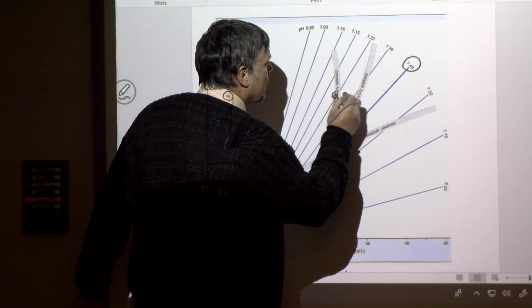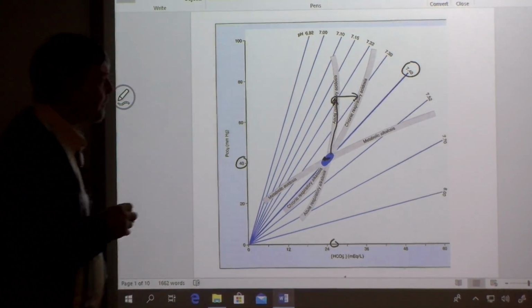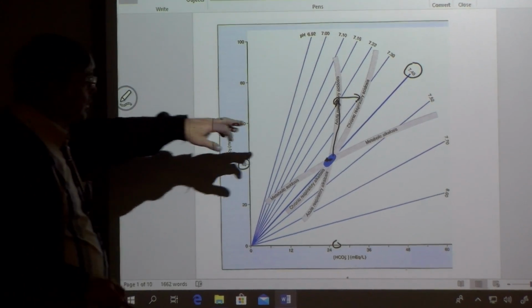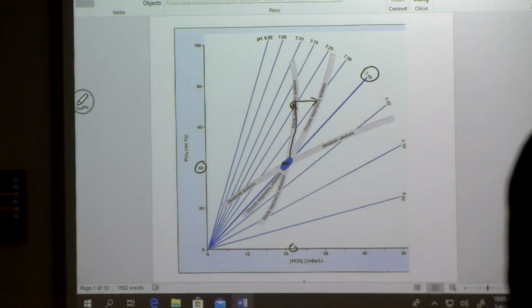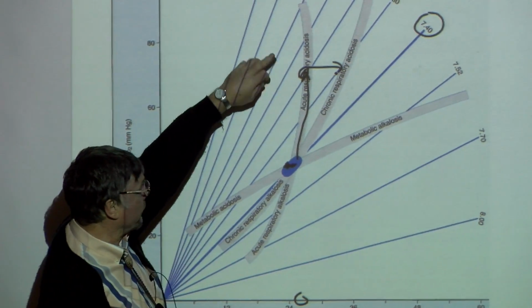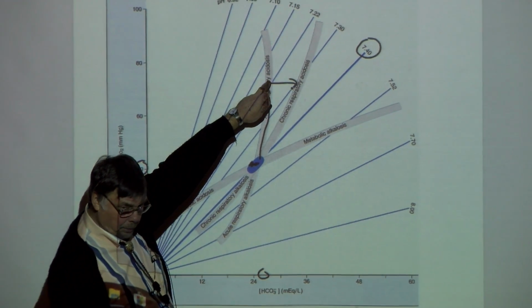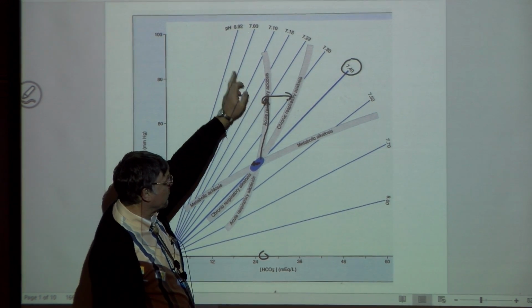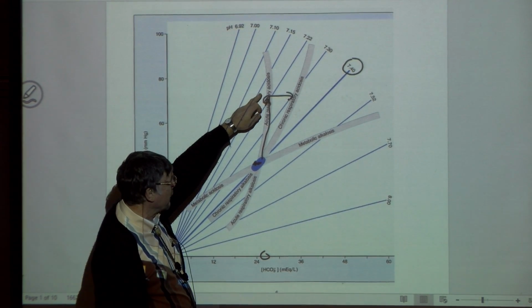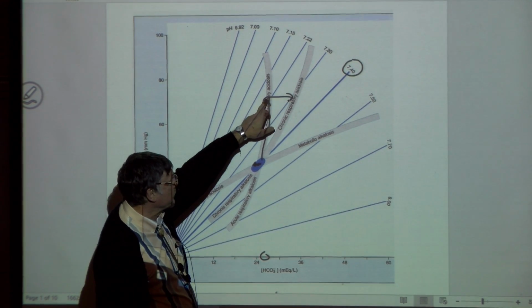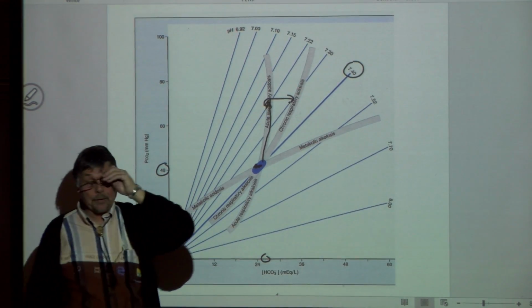The terminology that we've used here is acute, that's immediate. If we just stop breathing all of a sudden, that's where we go. But if the kidneys are functioning properly, after several hours, a day or so, in chronic conditions, there will be a compensation.